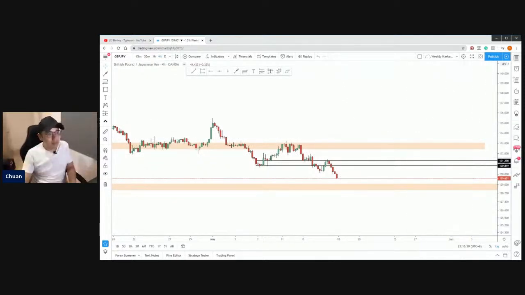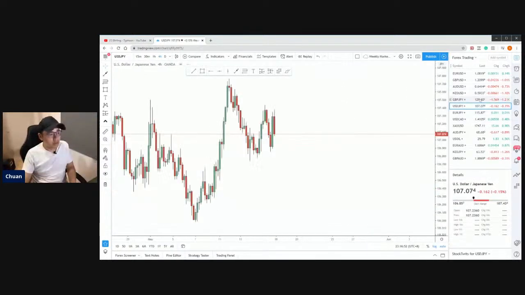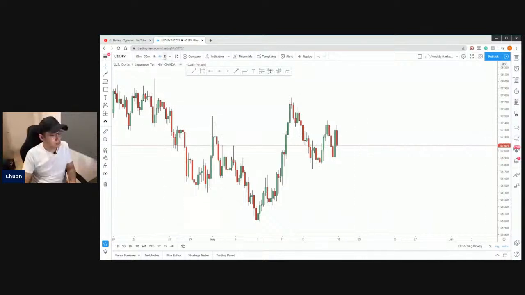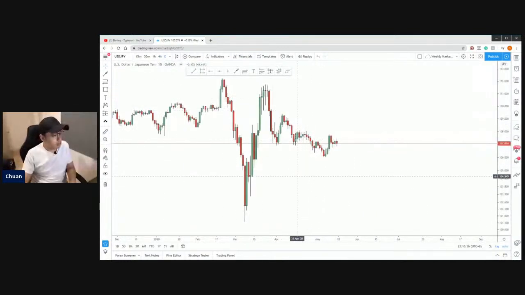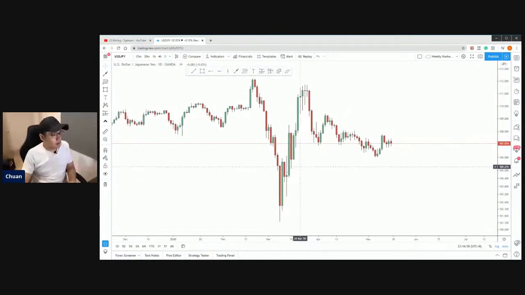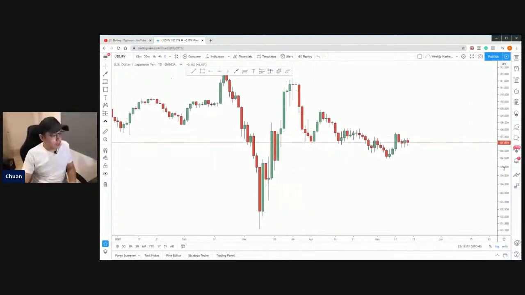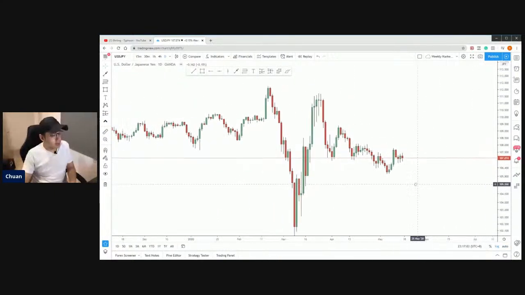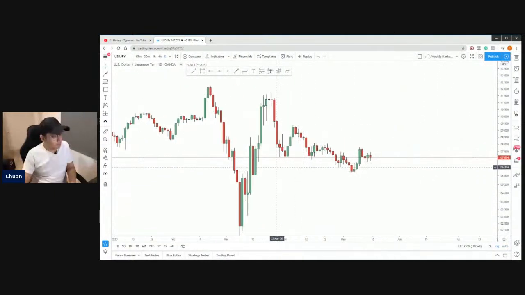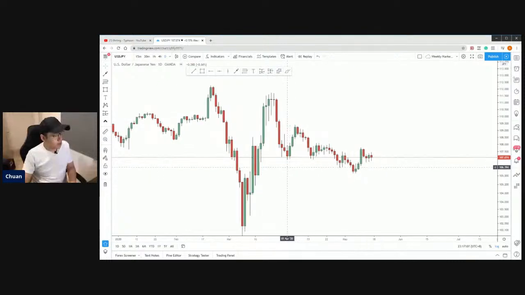Let me continue to the Euro Yen. For this Euro Yen, I will just keep it in view first. Why? Because we know that the pairs against the dollar are dropping, meaning that the US dollar is likely to strengthen this week, because the pairs are always against each other.